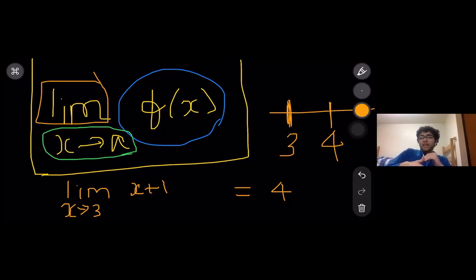As I approach 3, if I add 1 to 3, I will get 4. I'm waiting for you to ask me a very important question here. I'll give you a hint: approaching 3 how? Look at the number line. What do you think could be the confusion here that we have to address?